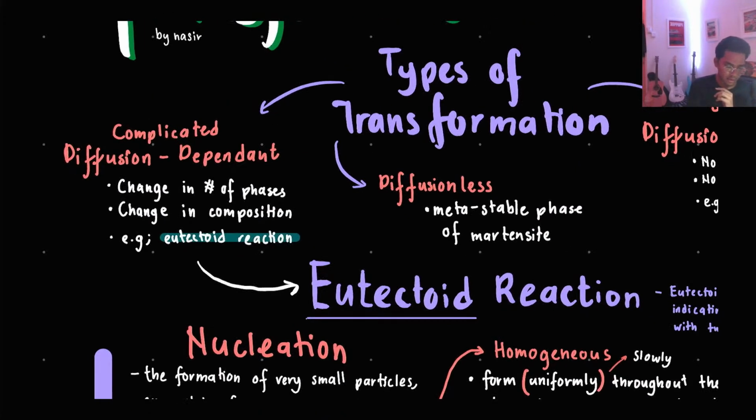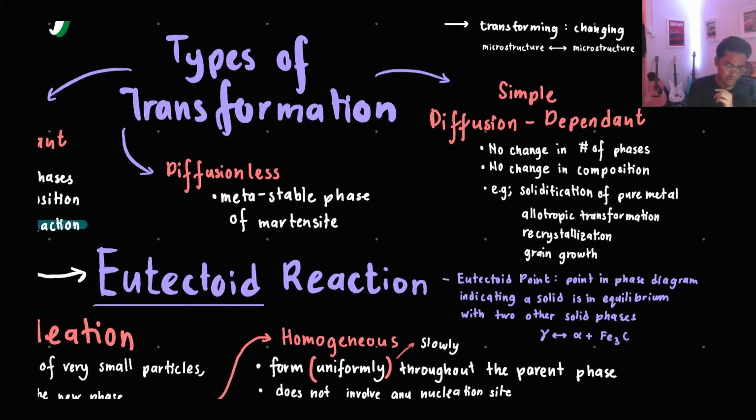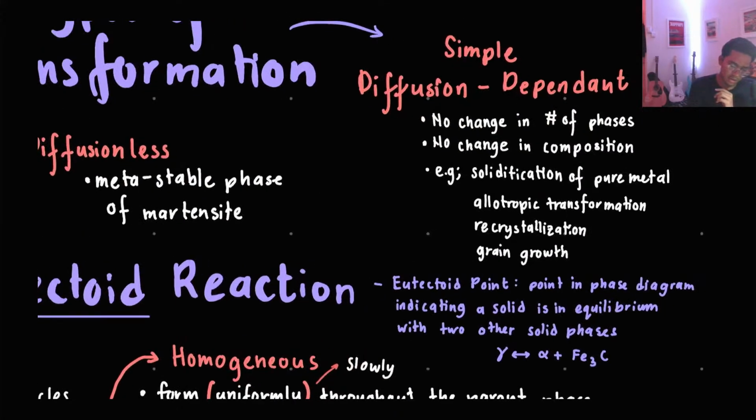That is why it is called complicated, because simple diffusion has no change in the number of phases and no change in composition, such as solidification of pure metal. Like you have pure iron and you just heat it up and cool it down. That is a simple diffusion. Then allotropic transformation, recrystallization, and grain growth.